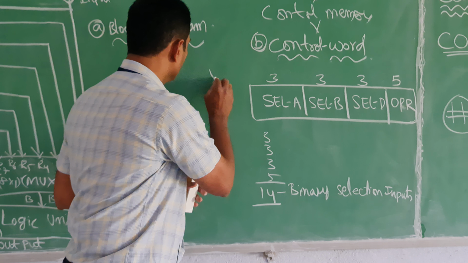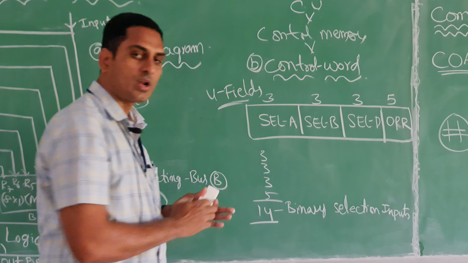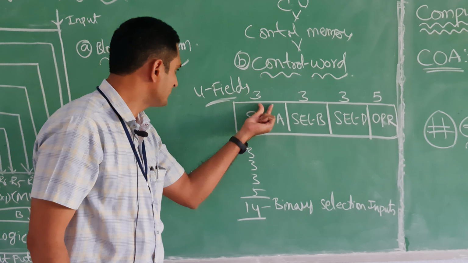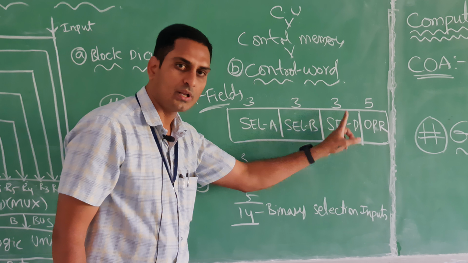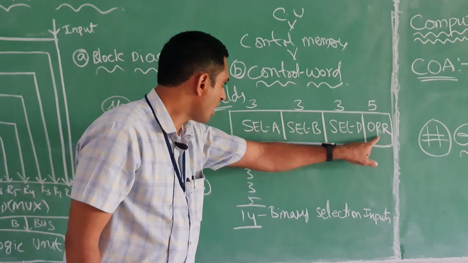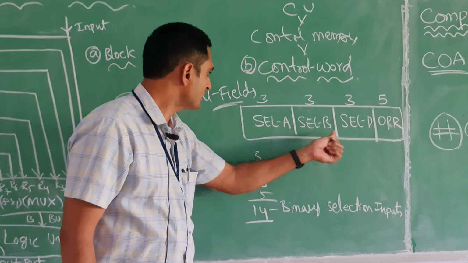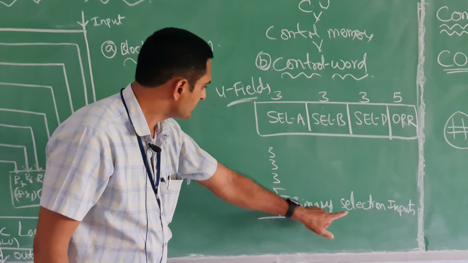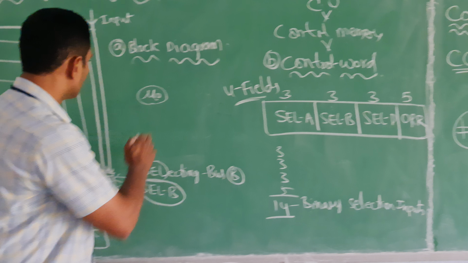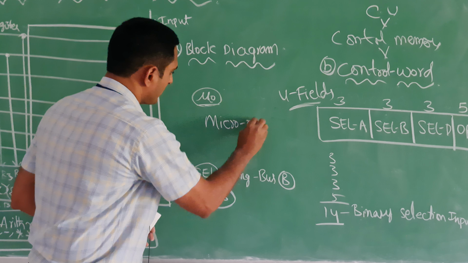Each selective line has 3 inputs: selective A, selective B, selective D. The decoder has 3 lines. Operational lines have 5. These select the A bus, B bus, decoder, or operation. In total we have 14 binary selective inputs to perform the micro operation.